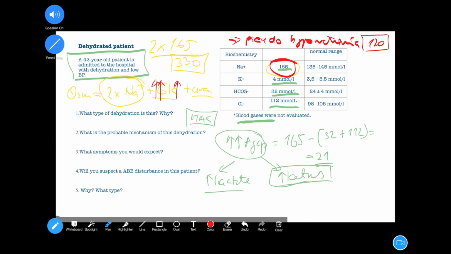In our case, sodium is high. That's why we don't expect that glucose is even more increasing the osmolarity. So in our case, this is rather a problem of increased lactate only. Because in case I would have diabetes and increased glycemia, then the glycemia itself would cause 330 osmolarity, 340.